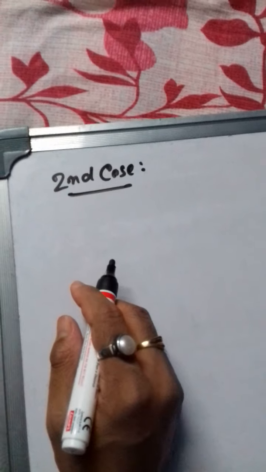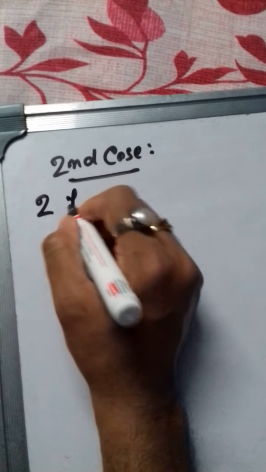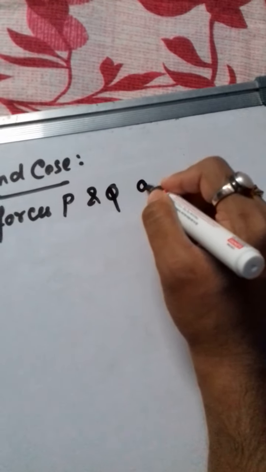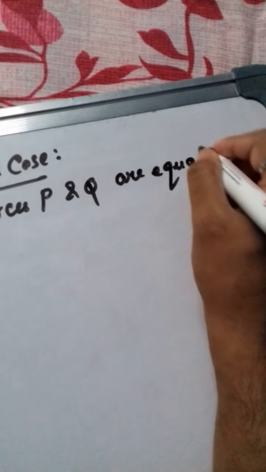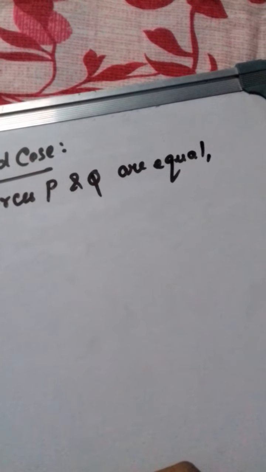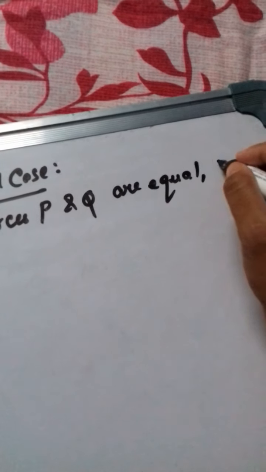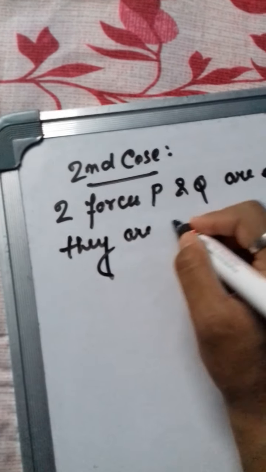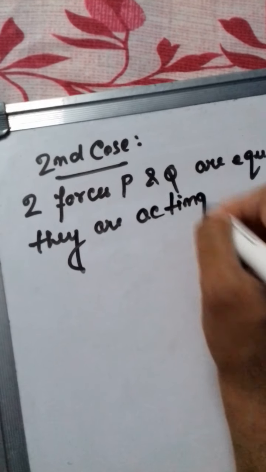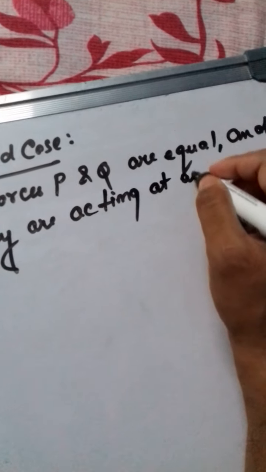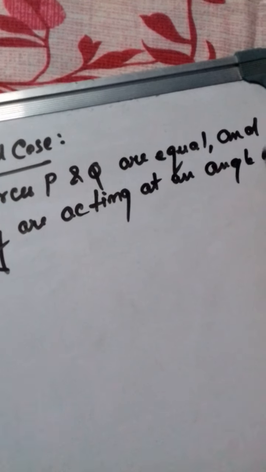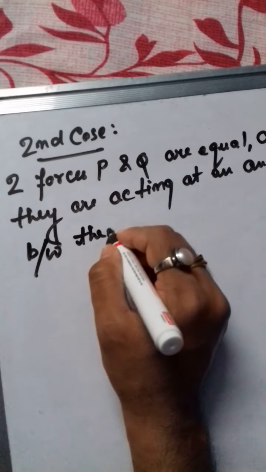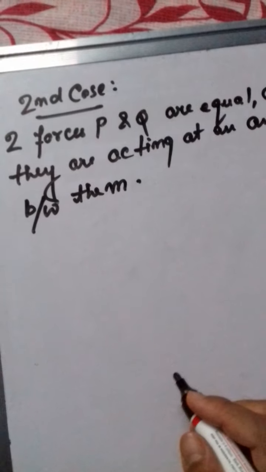What we can do in the second case, that is the two forces P and Q are equal and are acting at an angle alpha between them. Angle of alpha between them.